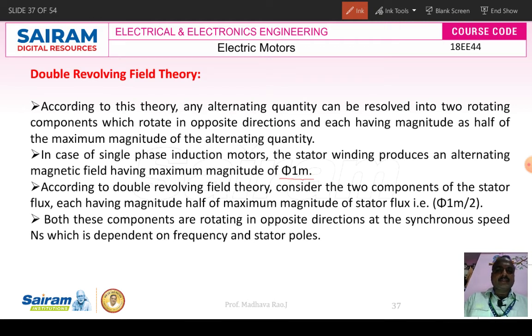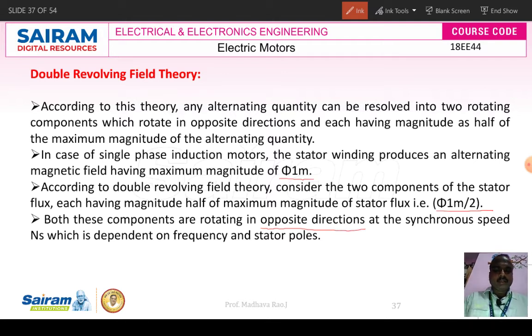According to this theory, this will be divided into two halves. One half is phi 1m by 2, and similarly the second half is phi 1m by 2. These two fluxes are in opposite directions.